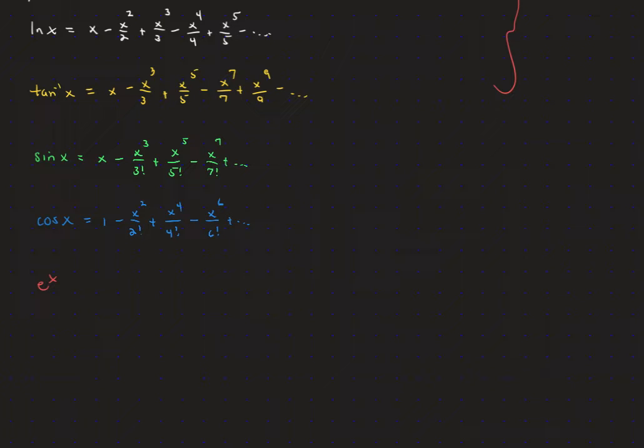And then I think of e to the x as kind of the combination of those, only e to the x is never negative, so you have no negatives here. So it's strictly addition. And now you're getting all of those terms, so no missing powers of x and their same factorial. So those you need to know from memory.